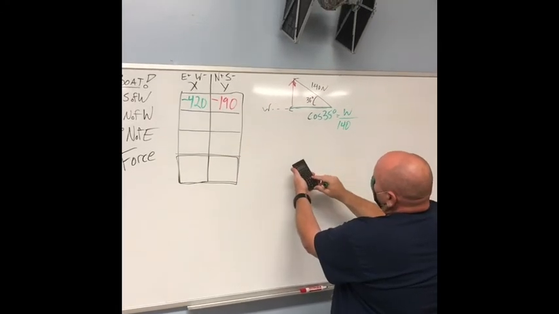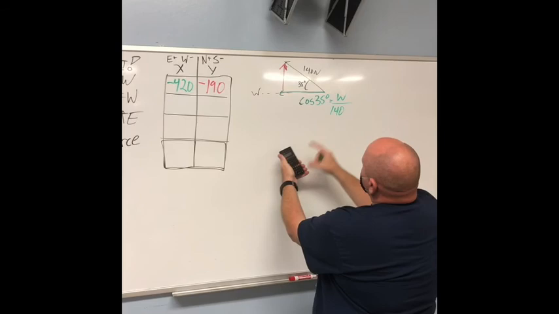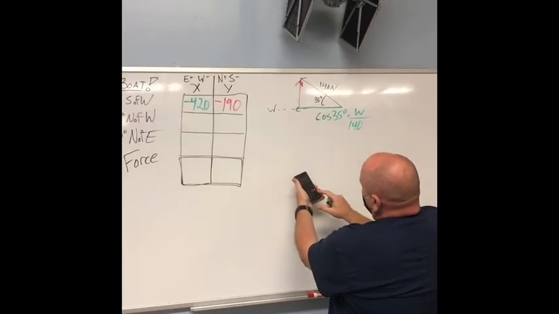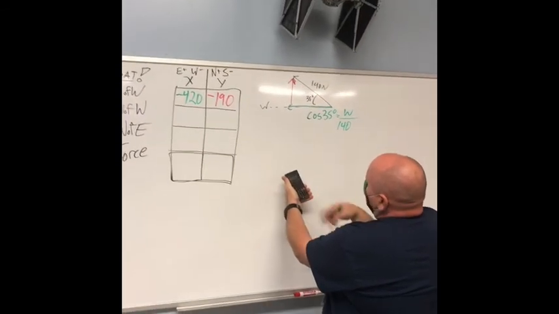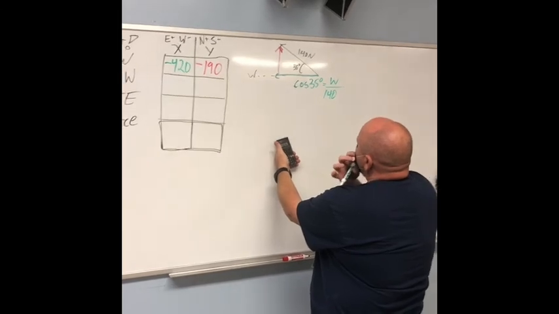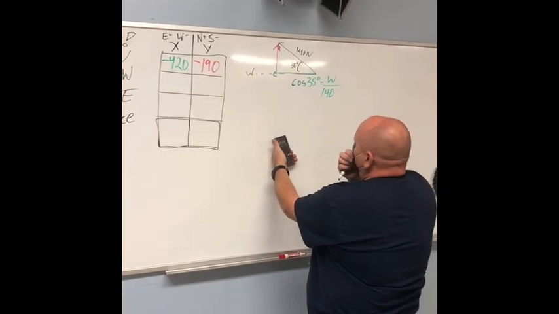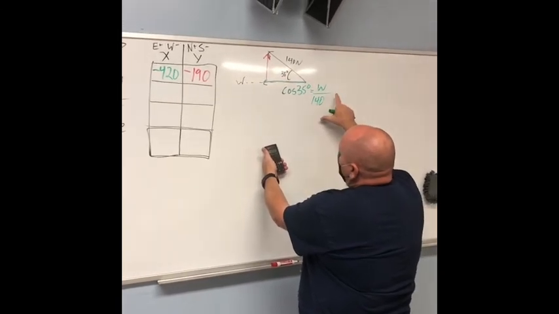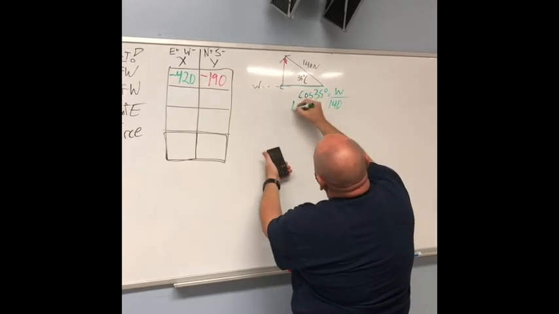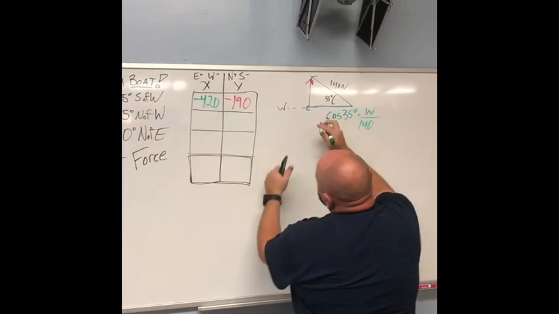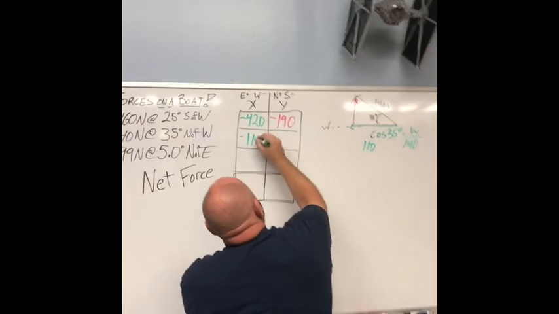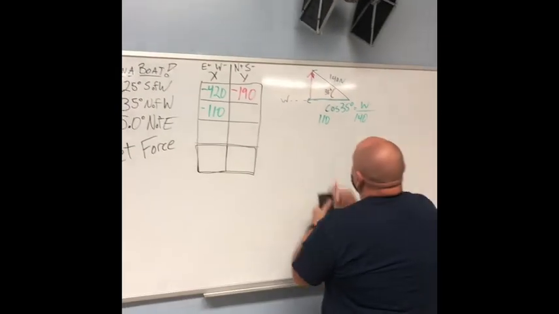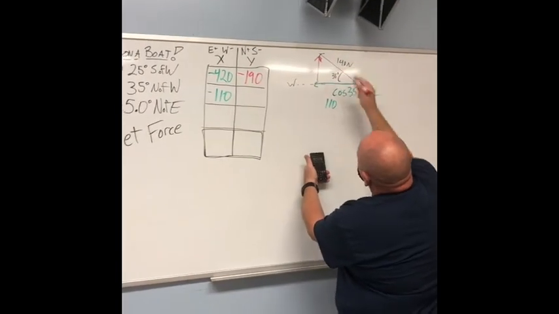And remember, when I punch it in the calculator, I just hit 35 cosine, and I go ahead and multiply by 140 without rounding, and then I round later. I get 114, and it's two sig figs, so I'm going to round that down to 110. So that's west still, so that's negative 110. And then for the y, that's opposite.